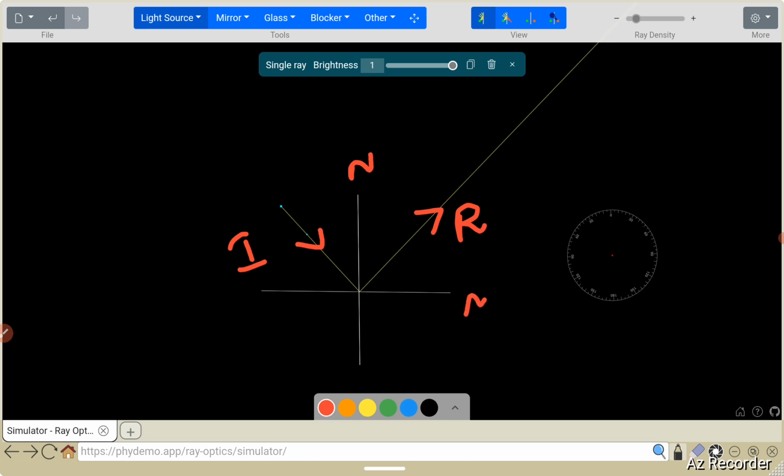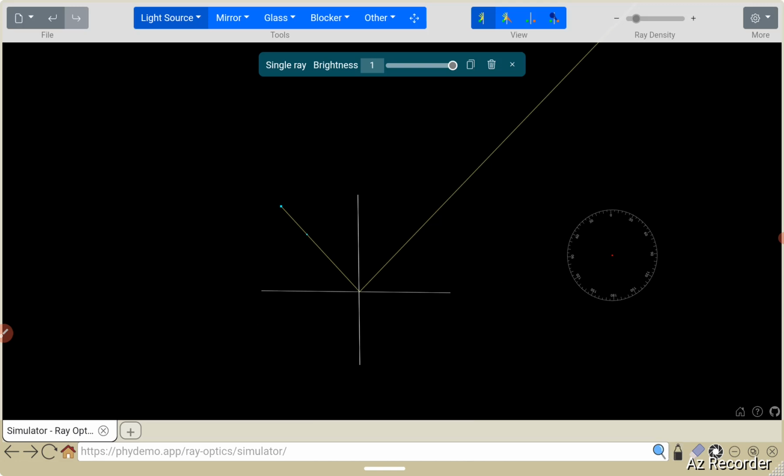Now this is mirror M dash. When the light ray is incident at the point of incidence, it is reflecting back. Now let us measure the angle of incidence and the angle of reflection. Okay.